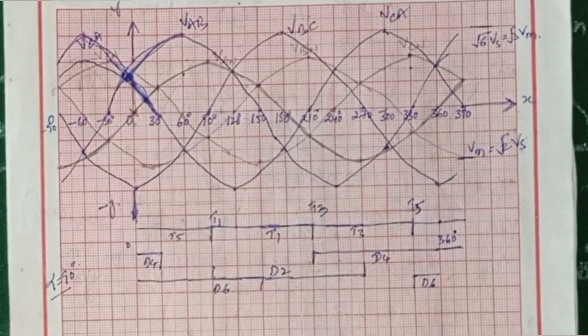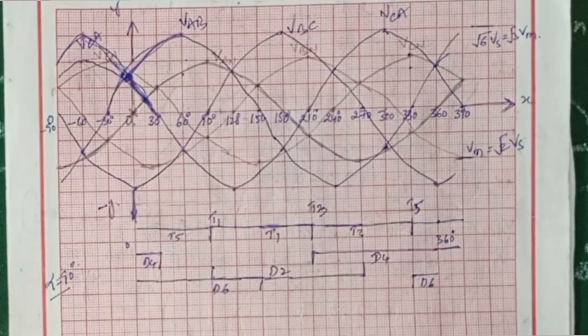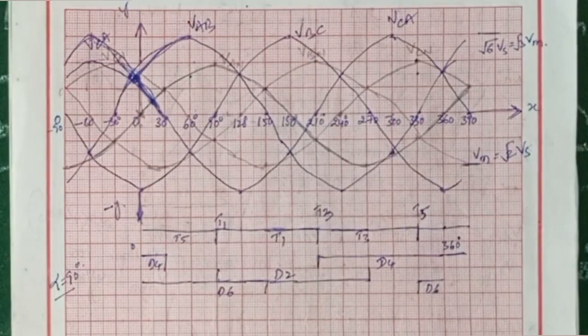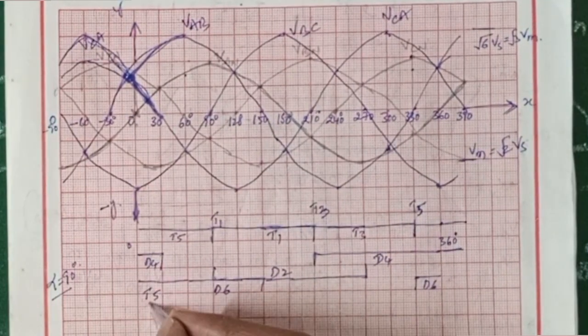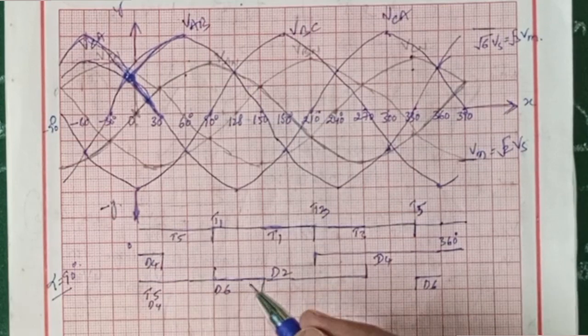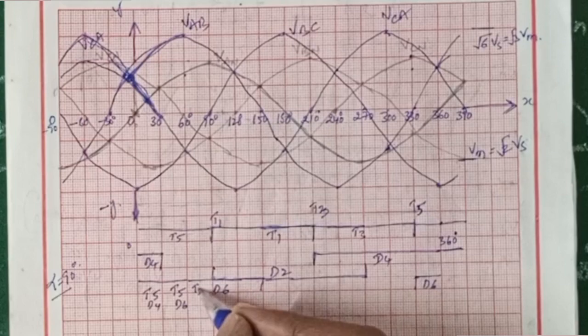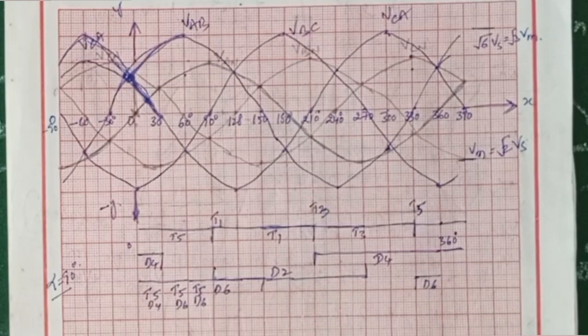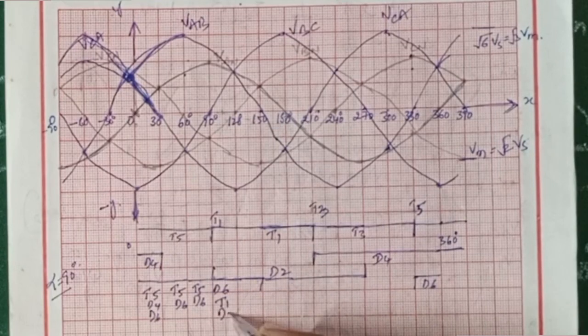Now, let us try to draw VAN, which is nothing but the load voltage, between 0 and 360. Now, if you observe this, here between 0 to 30, T5, D4 is turned on. Here T5, D6 is turned on. Here also we have D6. And here D6, T1, D2.